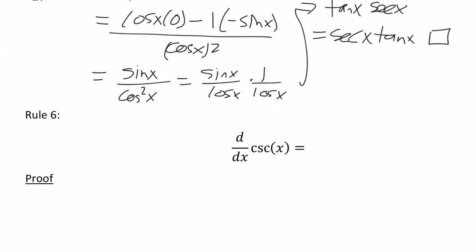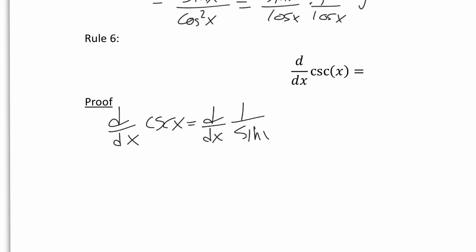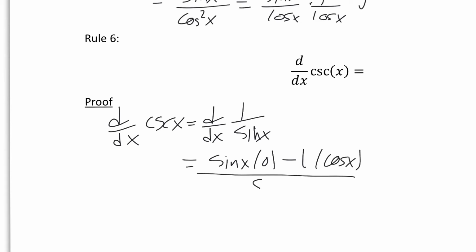Let's look at the final rule, try to take a guess. The derivative of cosecant. Well, I'll go ahead and do this. Maybe you can try to race me for it. The derivative of cosecant x is going to be the derivative of 1 over sine x. So low d high, less high d low, over the denominator squared we go.